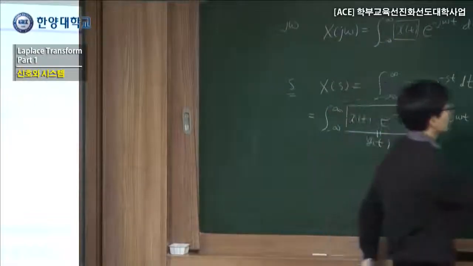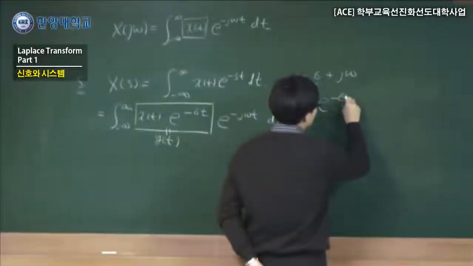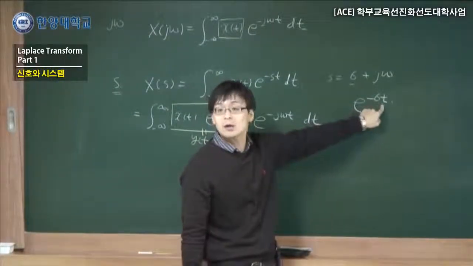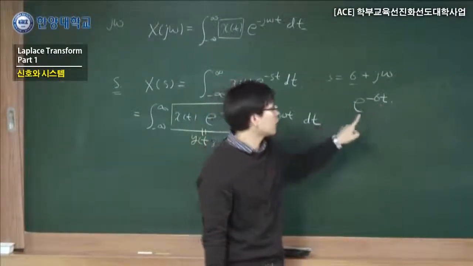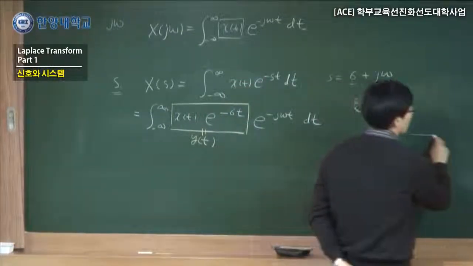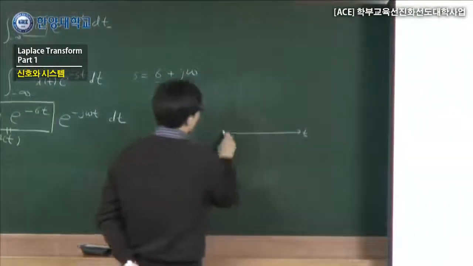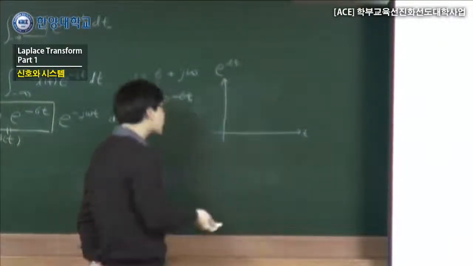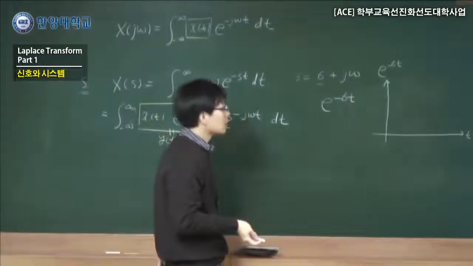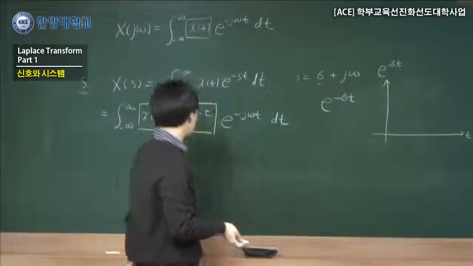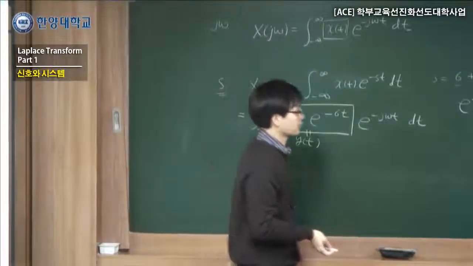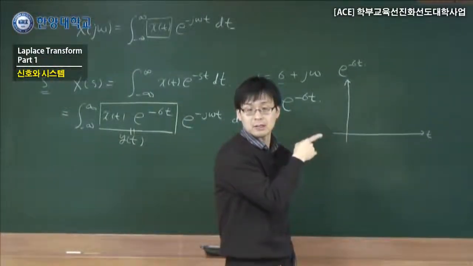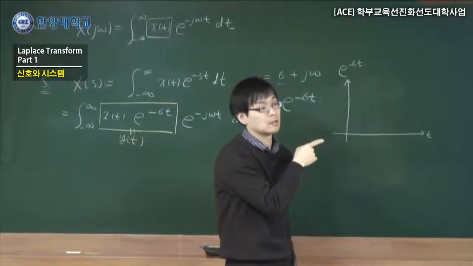So let's think about e to the minus sigma t. Sigma is a real value, so we can consider it a constant. How can we draw this? If you draw it in t, that is e to the minus sigma t. Let's bring one example. If sigma is positive, what happens?